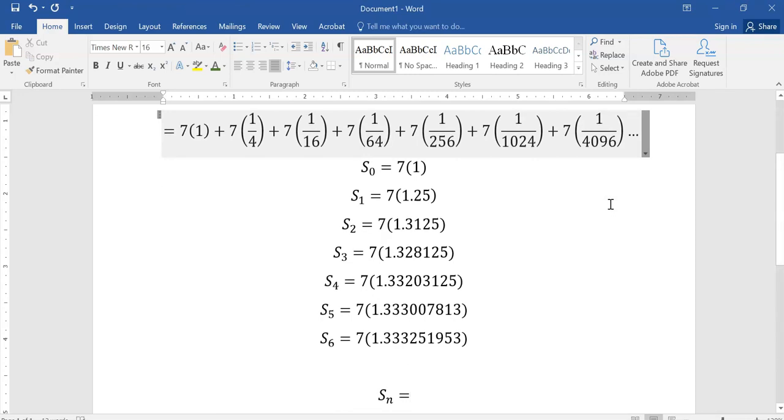Now, the Sn doesn't really have a good pattern here. It's not a good fractional pattern by any means. So we probably don't have a really good function that we can create for the nth term of this sequence. Not one that's really easy to see anyways. However, we can still look at the numerical pattern that we've established, and we can see that as this keeps getting bigger, what this looks like is that Sn is approaching 7 times 1.3 repeating.